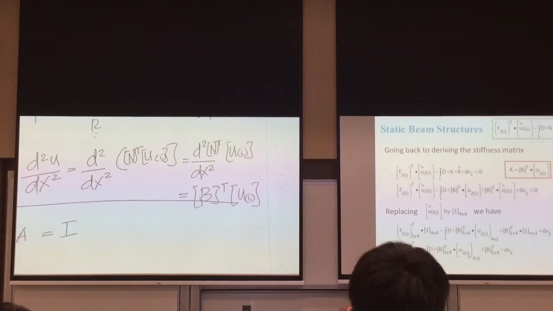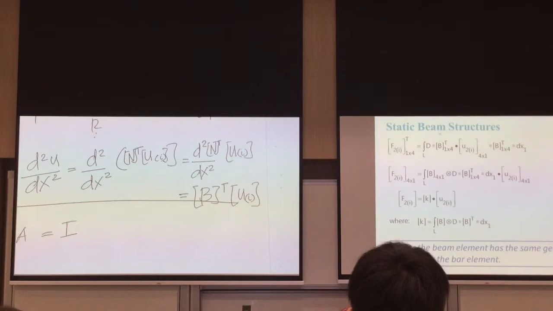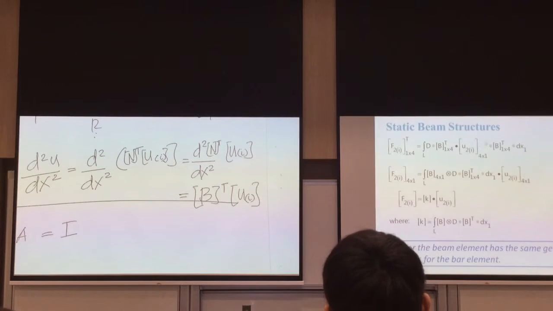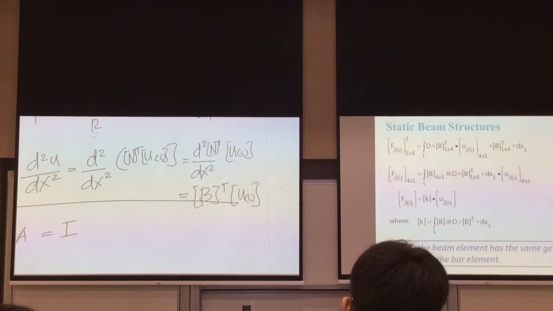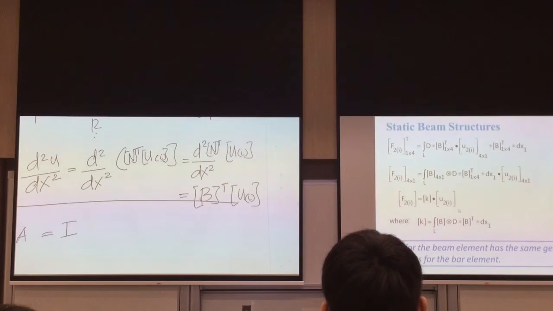So what you're going to do is transpose the whole equation. Since this one is a scalar value, it doesn't change. Only this will be transposed. So after that, you rearrange and then you get this B, D, B, dx, and then that is multiplied by your u2. And then you have your f equal k multiplied by u. So that's how you get this stiffness matrix.